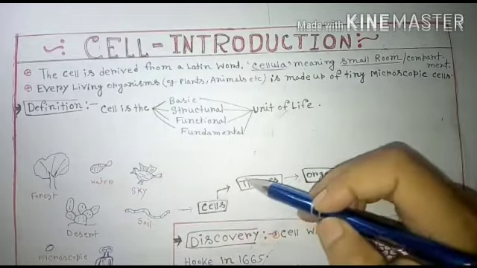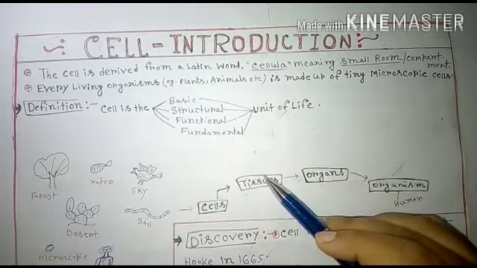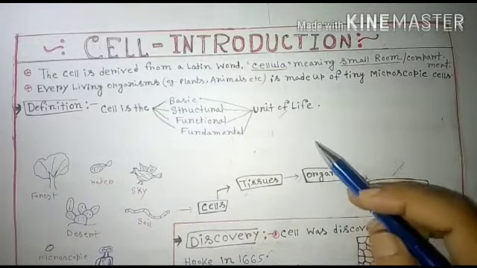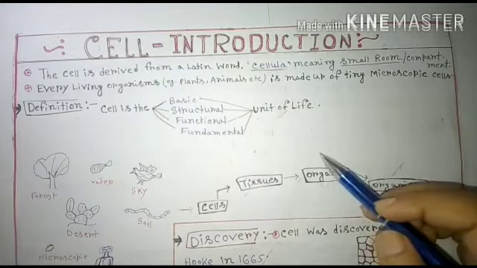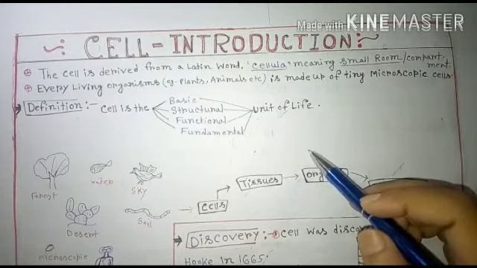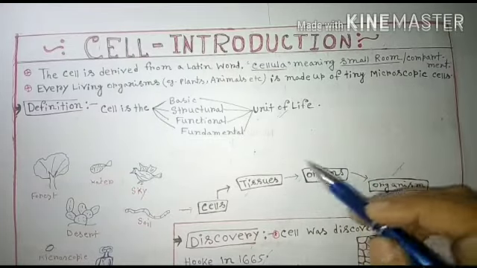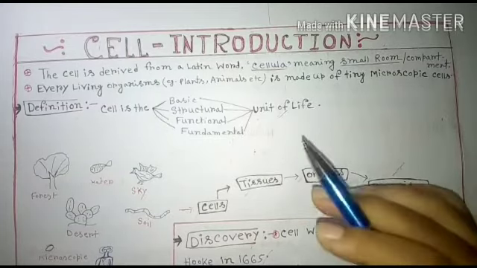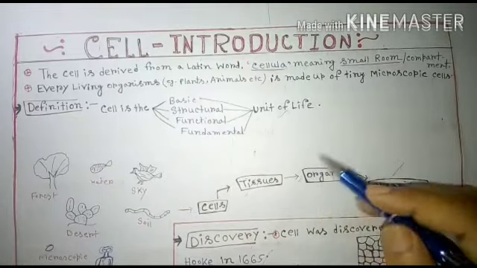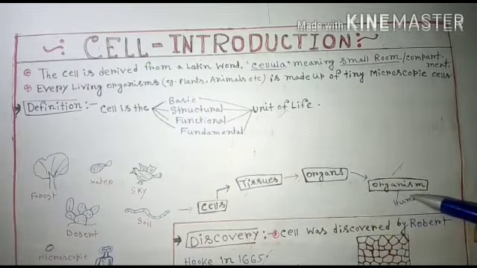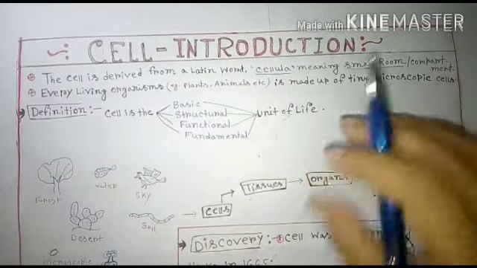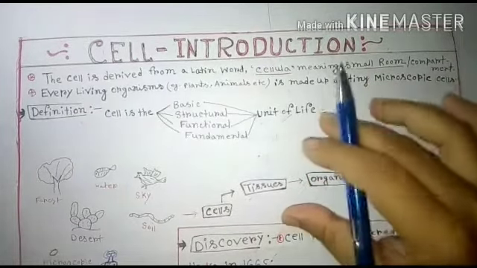A group of cells makes a tissue, and a group of tissues makes an organ, like liver, kidney, etc., and such tissues have specific functions. A group of organs makes an organism, like the human body. So this is a basic idea about the cell.